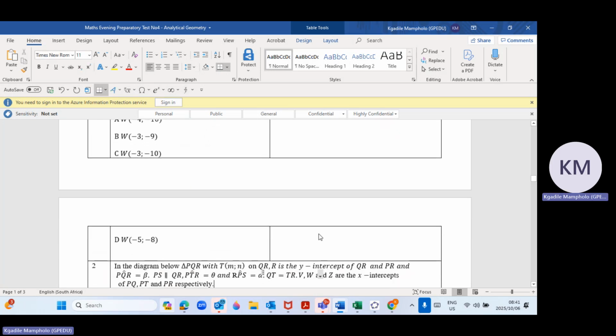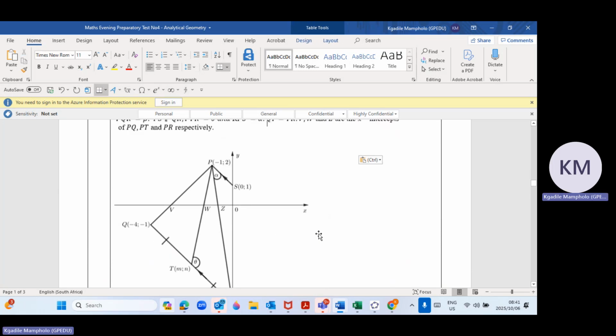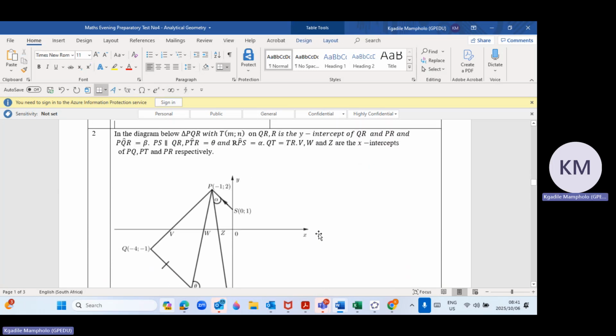Now, we go to number 2. In number 2, you were given the statement in the diagram below: PQR with T, which is M and N, on QR.